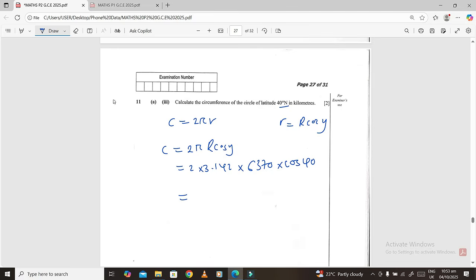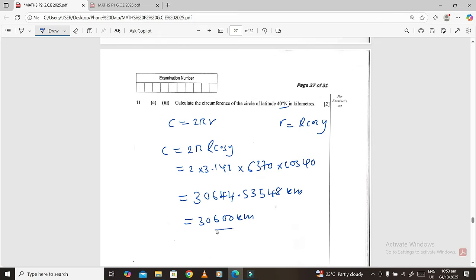This is giving us 30645.354 kilometers, which is 30600 kilometers. So that's what we are getting. If we are satisfied with the answer we found, we can move on to the next question.